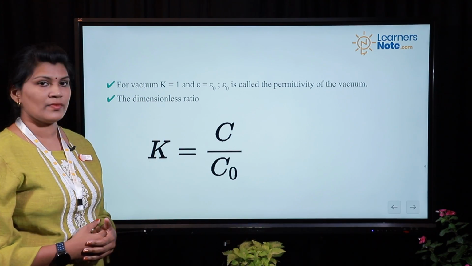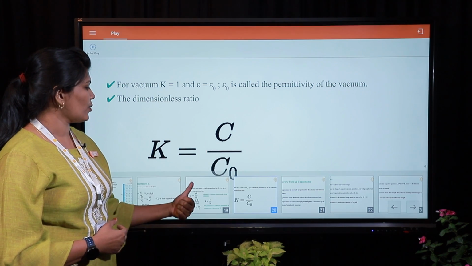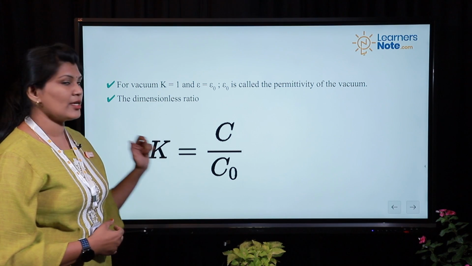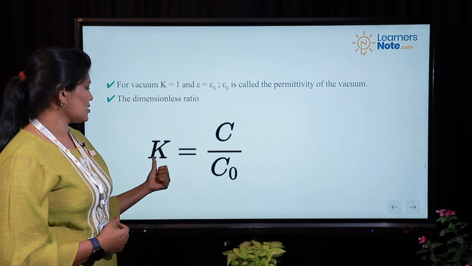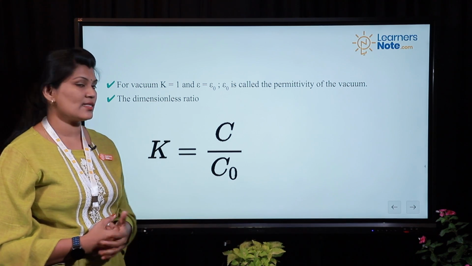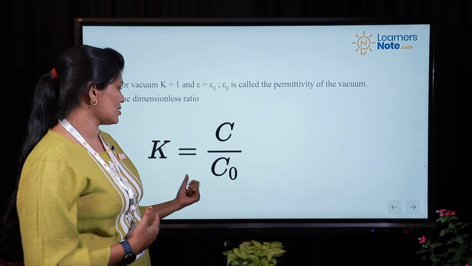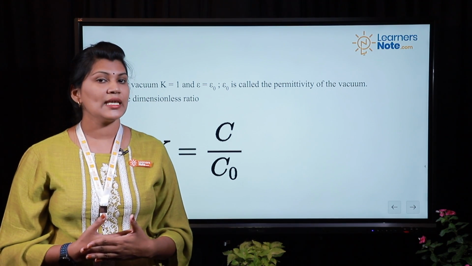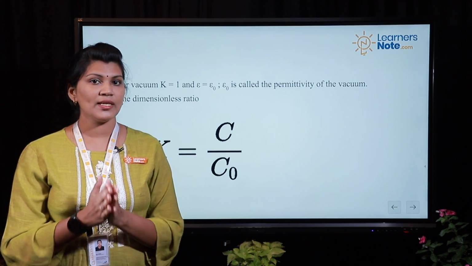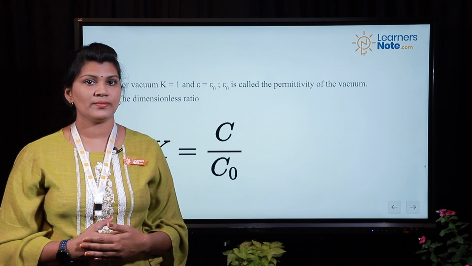Okay, so from this equation we can see that C is equal to capital K into C0. K is the dielectric constant of that dielectric and C0 is the initial capacitance of that capacitor. So we can see that the capacitance can be increased by placing a dielectric in between the two plates of a capacitor.